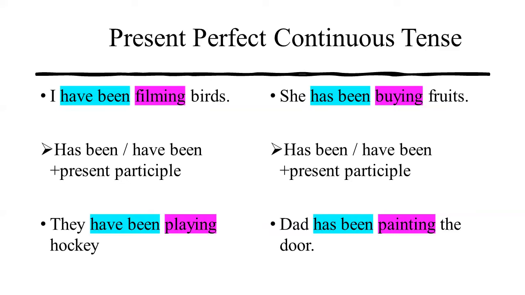And the main verbs are present participles: filming, film plus ing; buying, buy plus ing; playing, play plus ing; and painting, paint plus ing. From this, we are clear about the verb and auxiliary verb used in present perfect continuous tense.